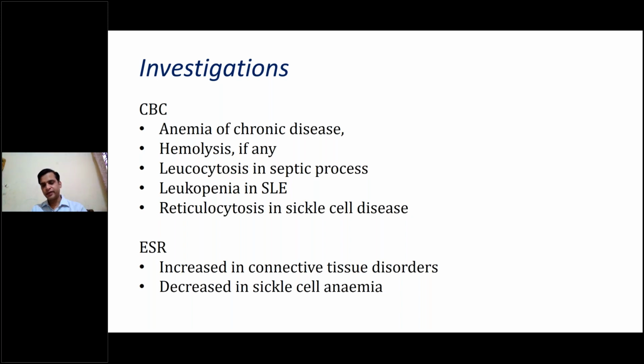There will be increased turnover of sickle cell formation. ESR is usually increased in all connective tissue disorders and chronic disorders, but classically it is decreased in sickle cell anemia.